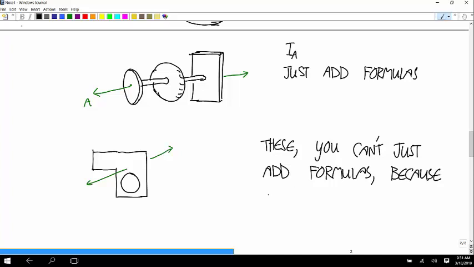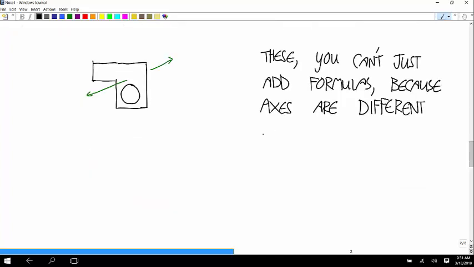Because the axes are different. They are parallel though. So notice they are parallel. They go through different points.